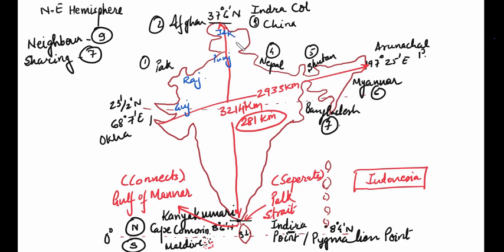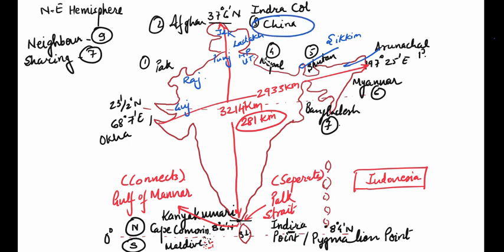But Ladakh is the union territory that shares its boundary with China. Then some part of J and K here. Then Himachal Pradesh, then Uttarakhand, then Sikkim, here it is Sikkim. Then Arunachal Pradesh here. These states and union territories share their boundary with China.